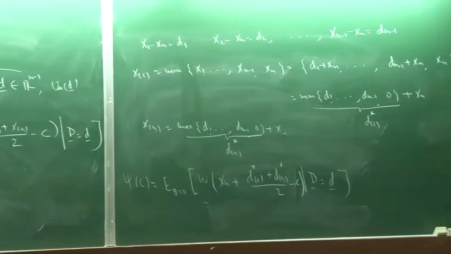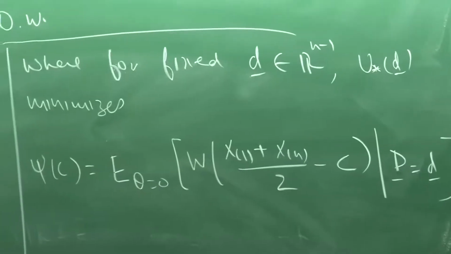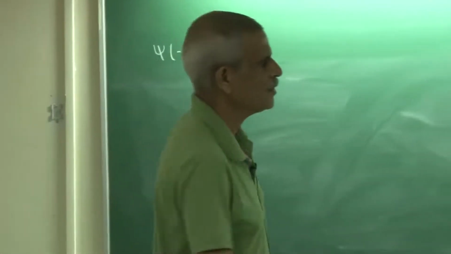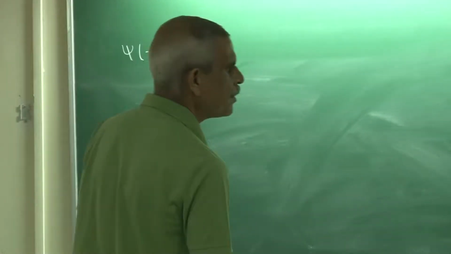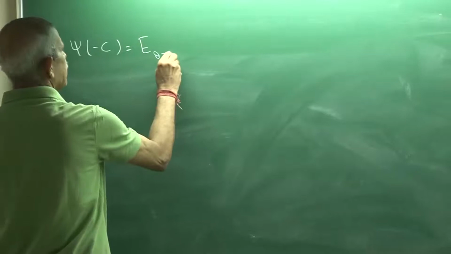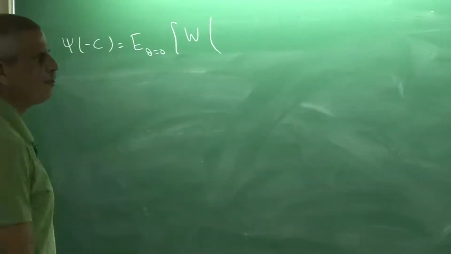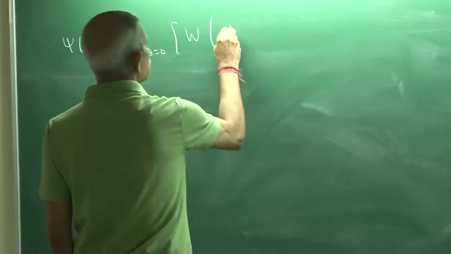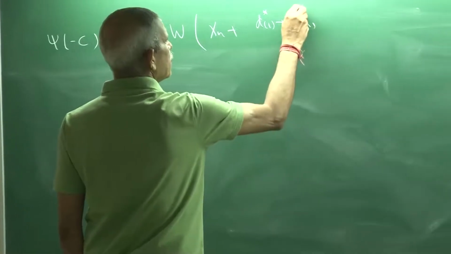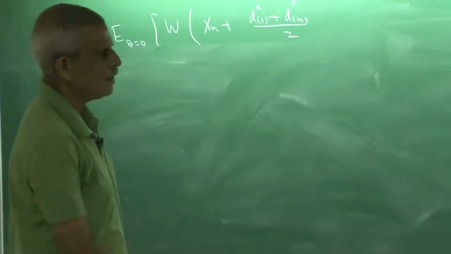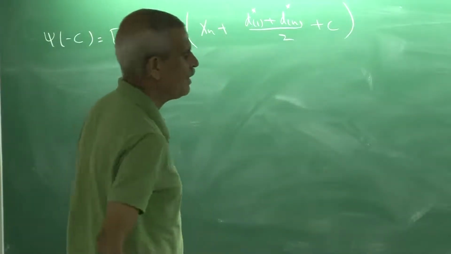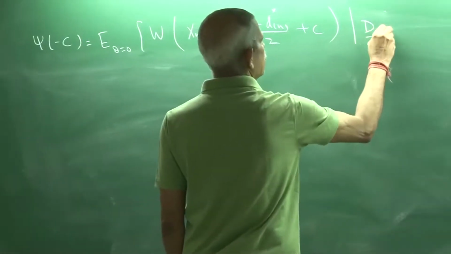So what I try to do is see what psi of minus c is. Psi of minus c is the same as the expected value under theta equal to 0 of w of xn plus (d1 star plus dn star) by 2, and minus c becomes now plus c, given that D is equal to d.